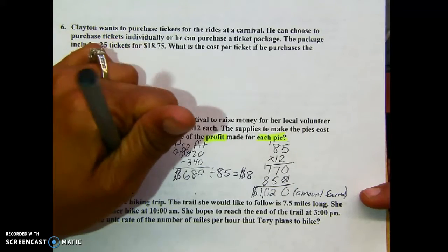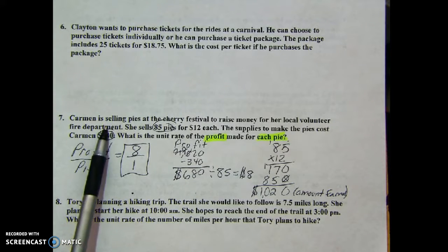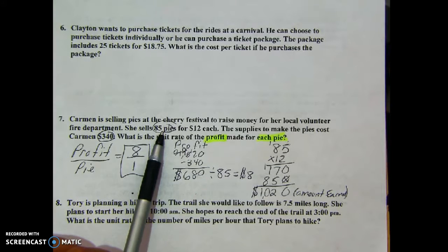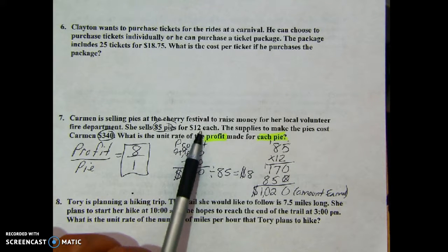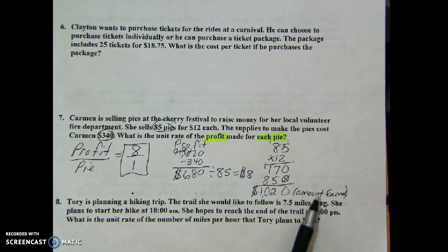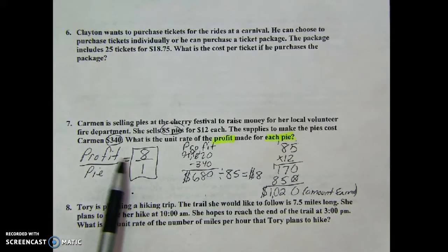This one was a little more complex because you actually have to go back and look at the context. What information is given to you? You're given how many pies are sold, for how much, and then how much the supplies cost. So you had to figure out how much was earned, how much the profit was, and then make a rate of change for that.